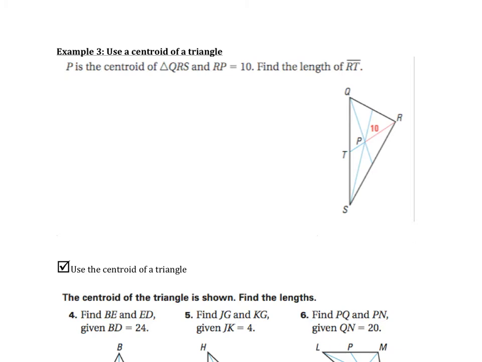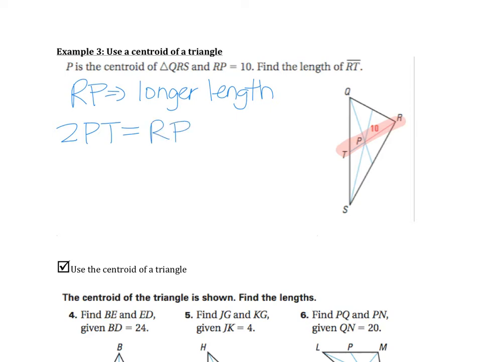I have a centroid, and I'm looking at RP. The whole median is RT. So RP is the longer length. Two times the shorter length equals the longer length.